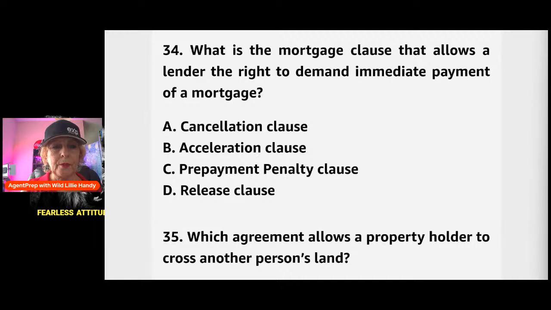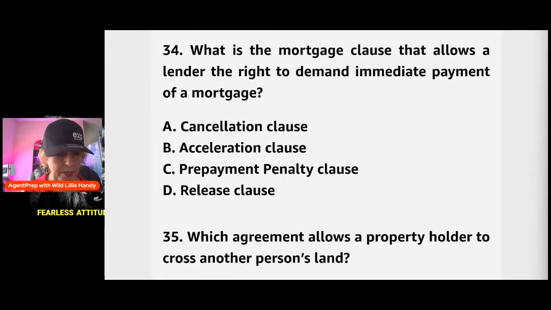Number 34. What is the mortgage clause that allows the lender the right to demand immediate payment of a mortgage? A, cancellation clause, B, acceleration clause, C, prepayment penalty clause, or D, release clause? Awesome.